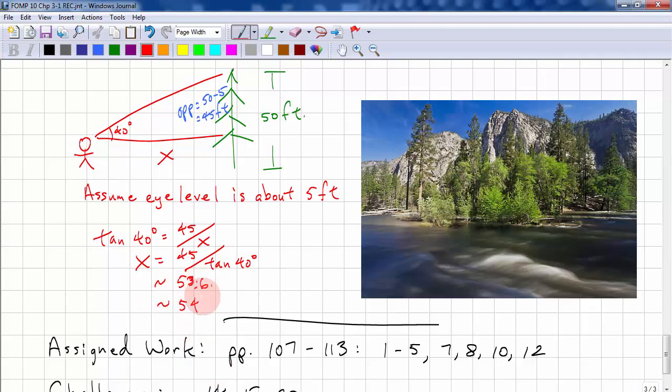It can't be that accurate. River is approximately 54 feet wide. And that completes this lesson.